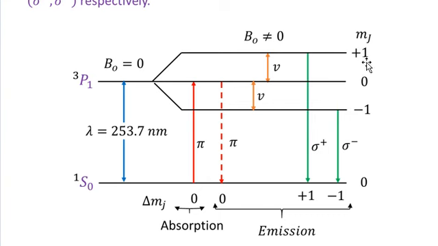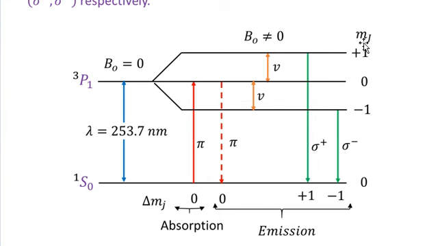When the mj equal to plus 1 level is excited using the microwave from the B1 field, with the excitation done from mj equal to 0 to mj equal to plus 1, then this mj plus 1 level of the upper state can decay to the ground state mj equal to 0. This is what I have indicated by the red arrow, and this is the sigma plus light. Sigma plus light, you know, is the circularly polarized light as observed from the direction parallel to B naught.